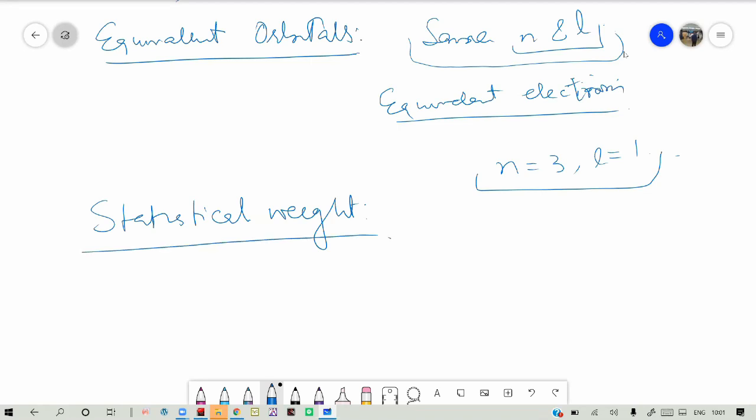Then statistical weight of an energy level. This is actually the number of distinct states, how many states in a given energy level there are, and that is given by 2J plus 1.